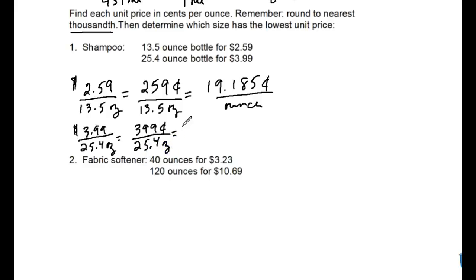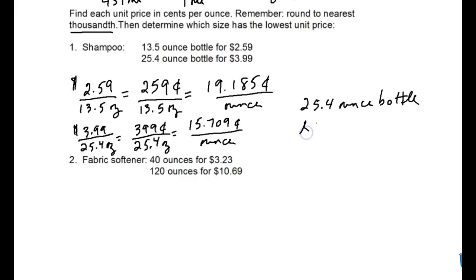We do our division, we're going to get 15.709 cents for 1 ounce. So we have a 19 cent per ounce price and a 15 cents per ounce price. Obviously the lowest unit price is the 25.4 ounce bottle. Is the lowest price.